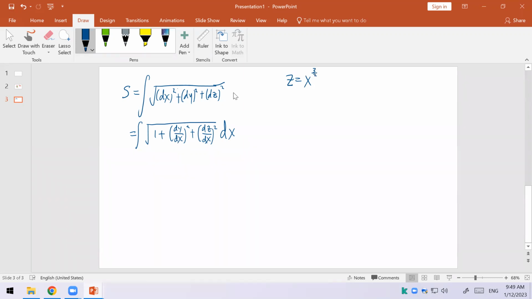That means this dz/dx over here can be expressed in terms of x as well, because dz/dx would be equal to 3 divided by 2 times x to the 1/2.